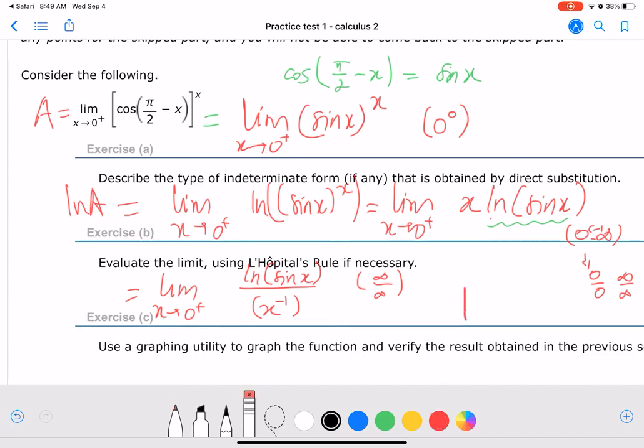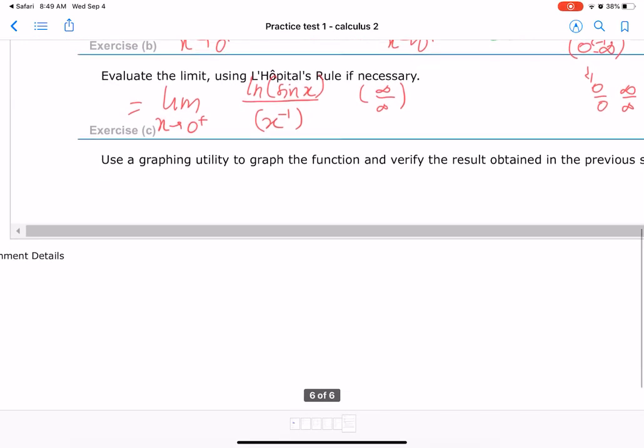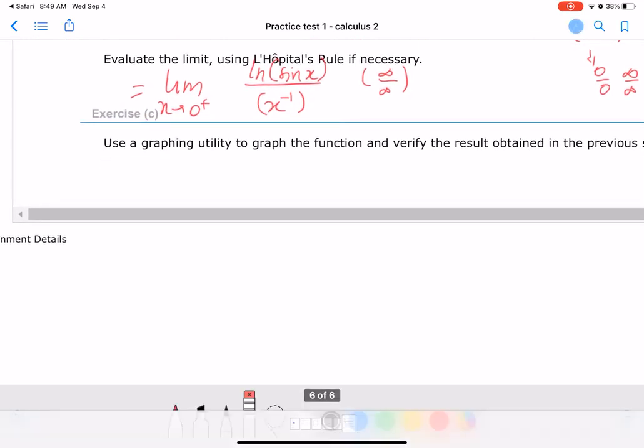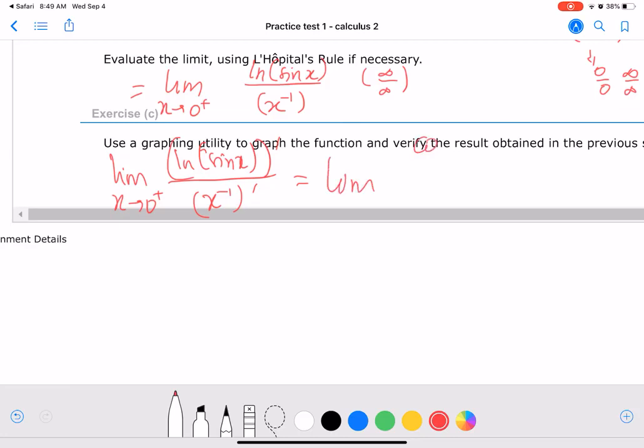Okay, now let's differentiate. Let's find the limit of derivatives, right? I have the limit of ln sine x derivative over x to the negative 1 derivative, x goes to 0. So on the top, I have cosine x over sine x.